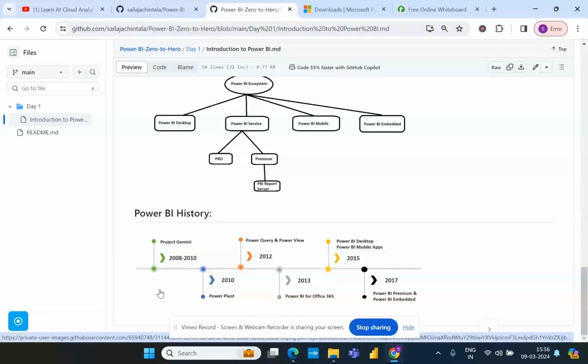I know that this particular day one is a little bit theoretical, but I promise you that from the next session onwards, it will be more interactive with more practical scenarios. But since I had to touch base on the introduction and the foundations and basics of Power BI, I had to go through all of this content.